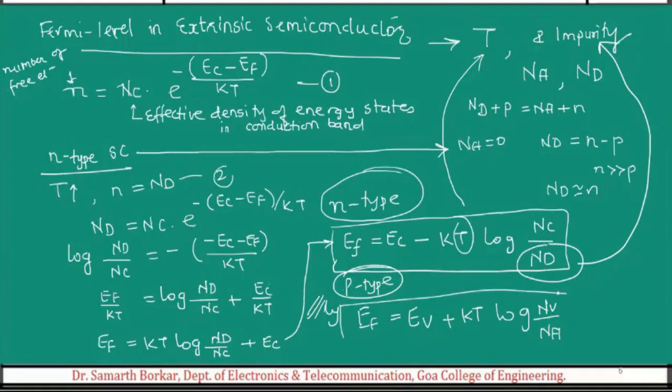So Ef is a function of T and Nd, the donor concentration. For p-type, it is a function of the acceptor concentration. So with this background information, let us start with the first problem.